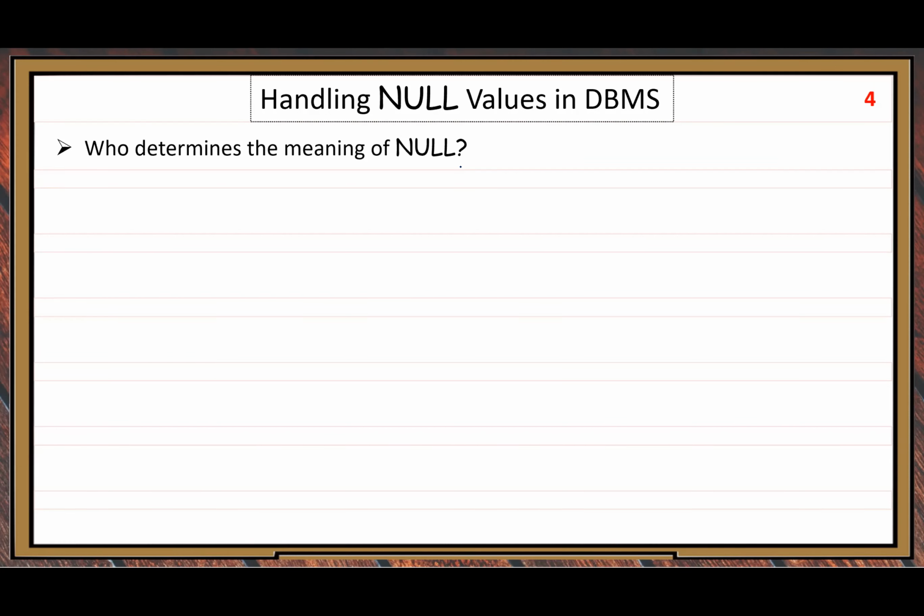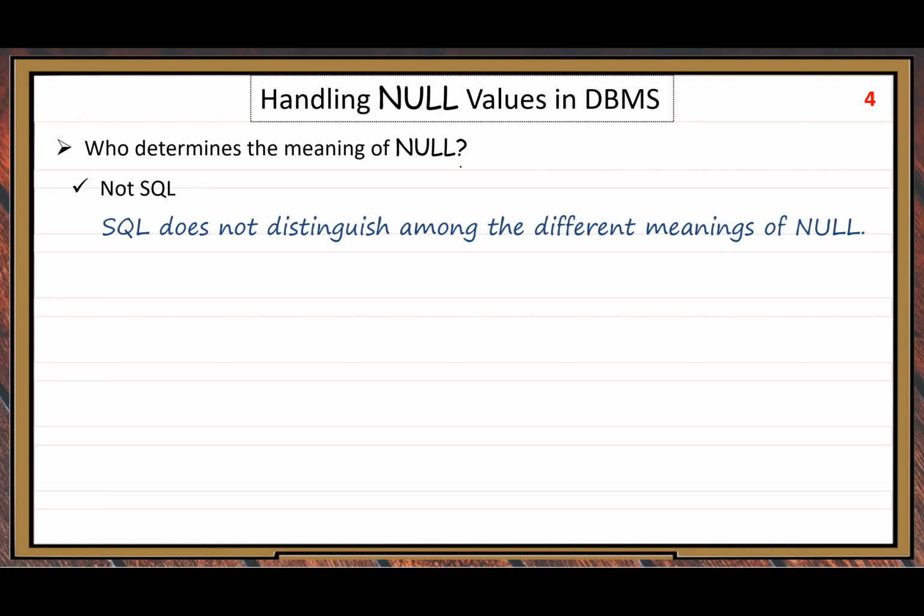So SQL is not responsible. SQL does not distinguish among the different meanings of null. It is a business decision. You need to be familiar with your business, then you can do the correct interpretation. People who are familiar with the business rules can interpret in the right way.